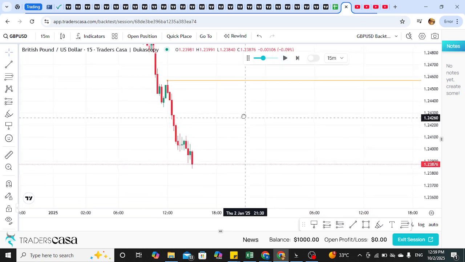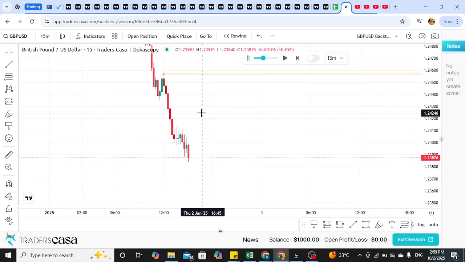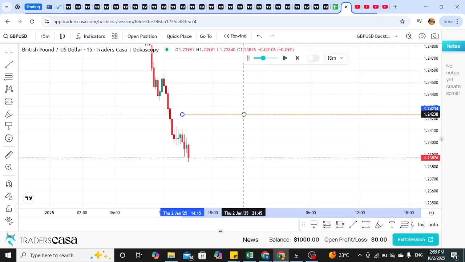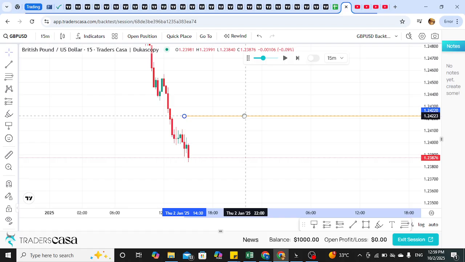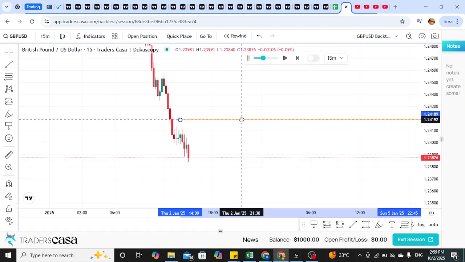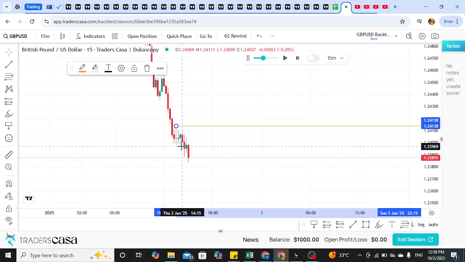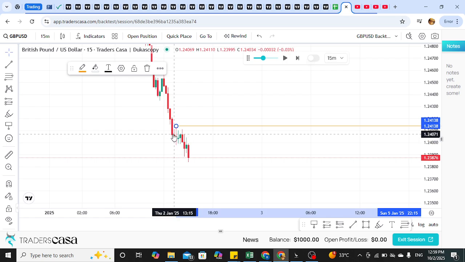And the latest pullback is this one. Why this one and not this one? Because all this movement, 1, 2, 3, is engulfed in this candle. So this is not a valid pullback. They're all engulfed in this candle. So this is the pullback.